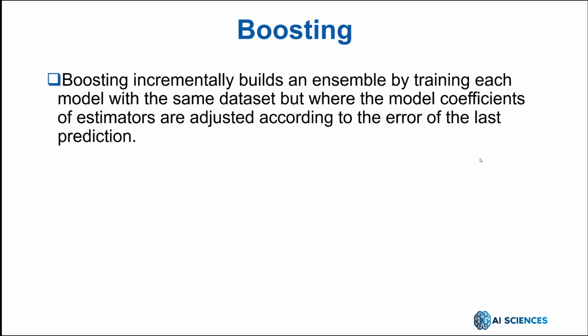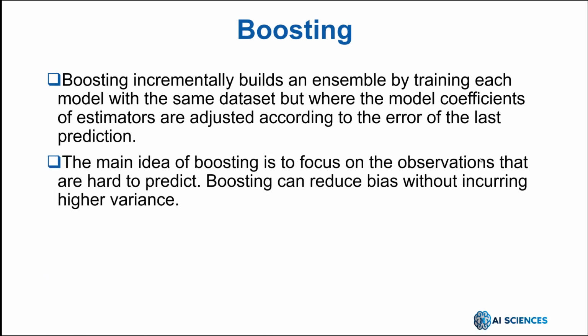Boosting incrementally builds an ensemble by training each model with the same dataset, but where the model coefficients of estimators are adjusted according to the error of the last prediction. Several weak models team up to produce a powerful ensemble model. The main idea of boosting is to focus on the observations that are hard to predict. Boosting can reduce bias without incurring higher variance.